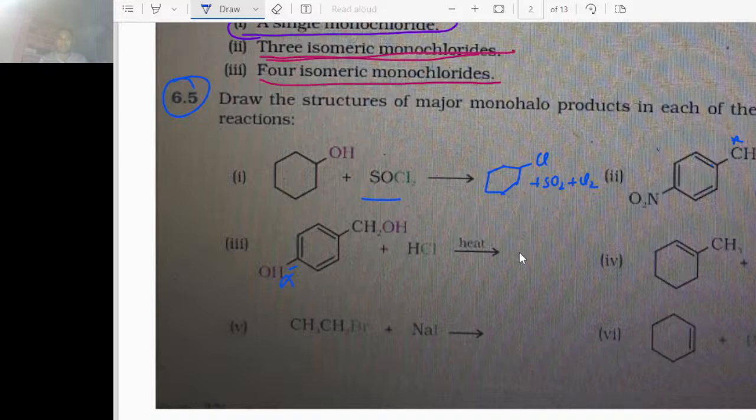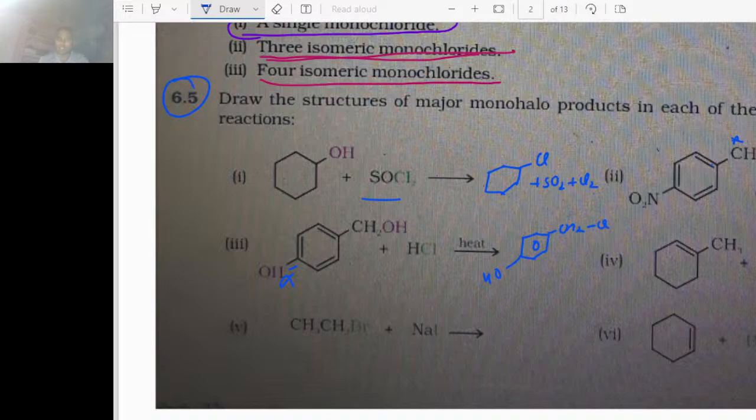So here it will be replaced. Where it is going to be replaced? I am writing the product. It is going to be CH2Cl, and here the OH will not be disturbed because of the partial double bond character, they cannot affect the phenolic group. So that is correct.